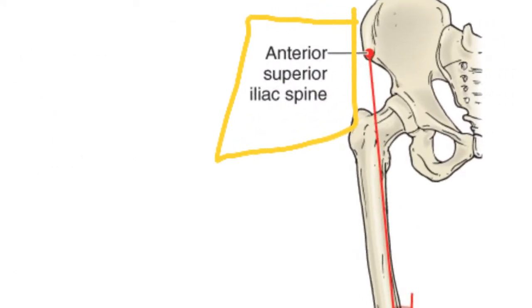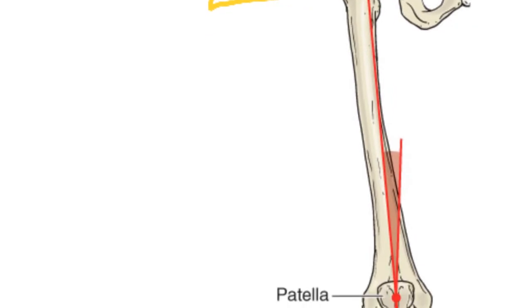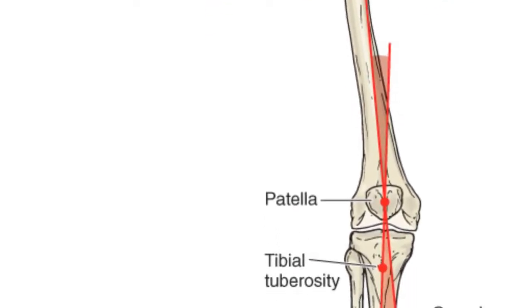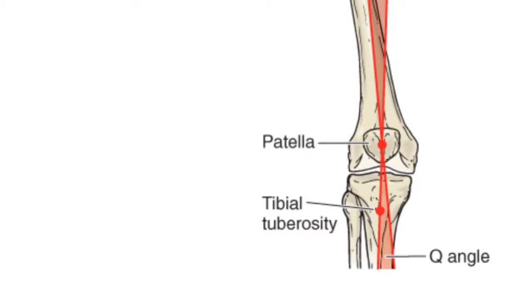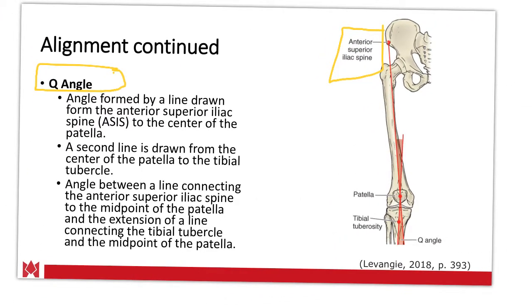You're going to take a straight line from the ASIS, the origin of the sartorius, and go right down through the mid portion of the patella, and then line that up with the tibial tuberosity. Normally this Q angle is around 15 degrees.